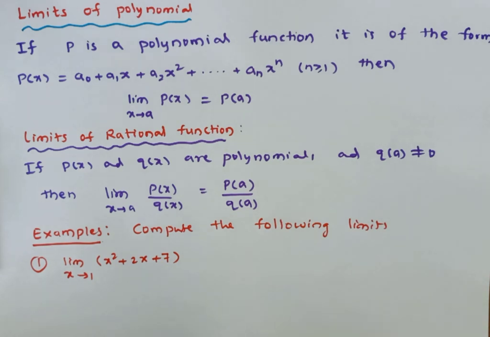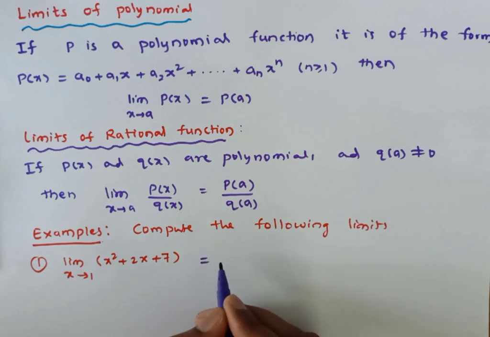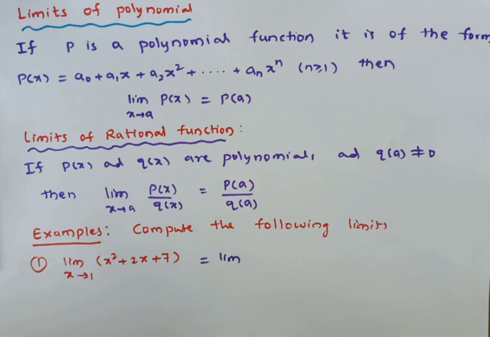So directly you can apply the limit. Or by using the properties, we can write this limit as f plus g plus h only. So you need to apply the limit for f, g, as well as h.